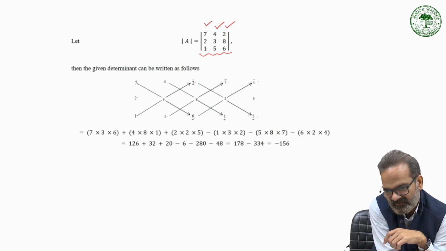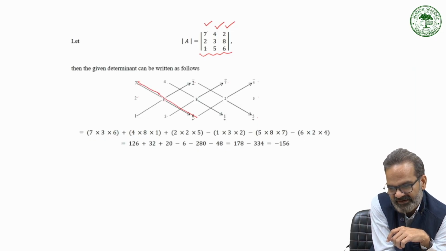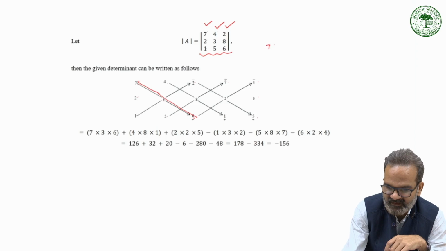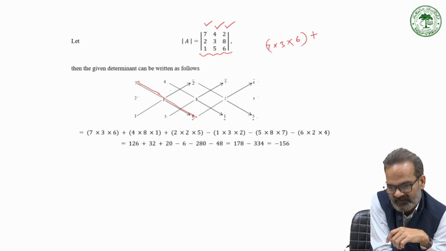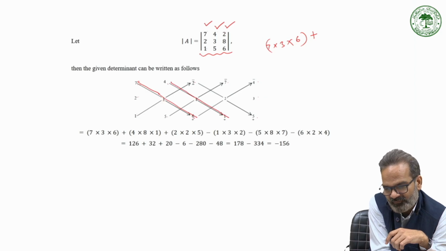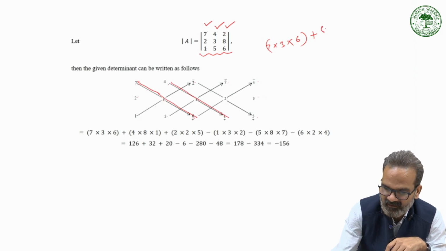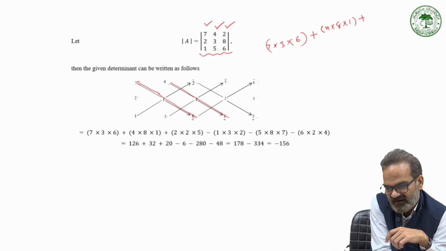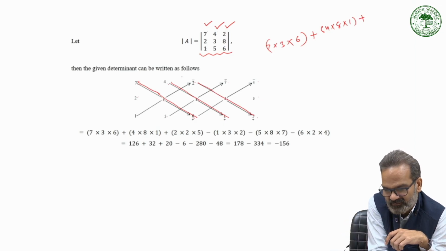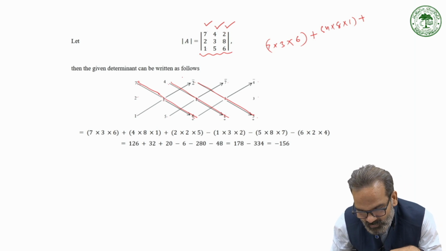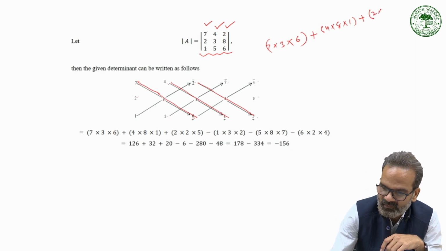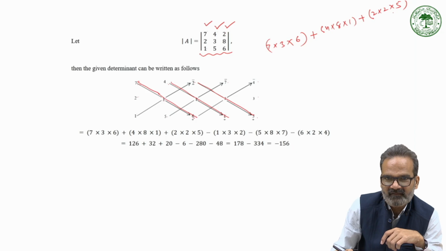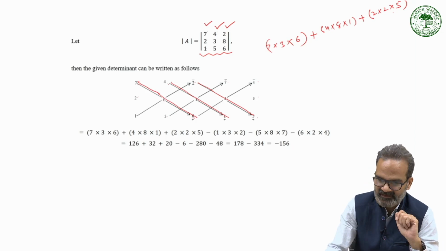So 7 into 3 into 6, right? 7 into 3 into 6 plus, this is the second diagonal, 4 into 8 into 1, plus, this is the third, 2 into 2 into 5, right? Clear? All the three diagonals we have multiplied.